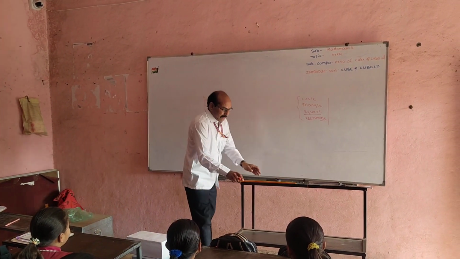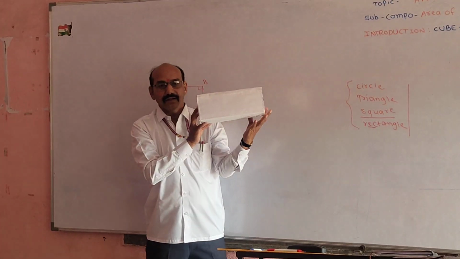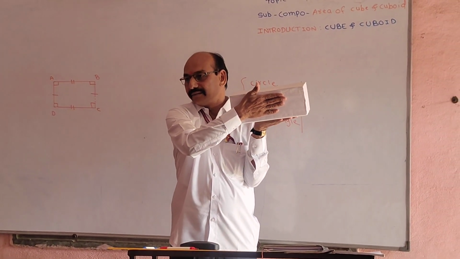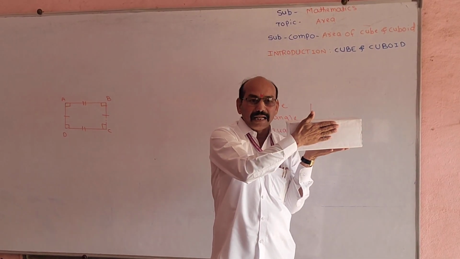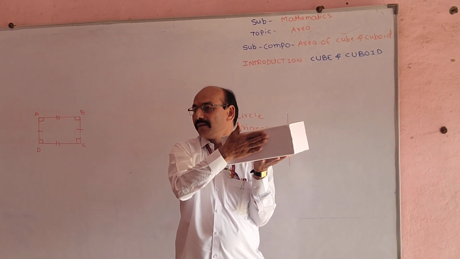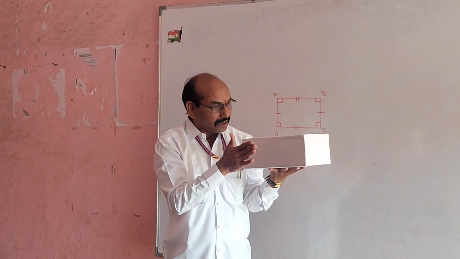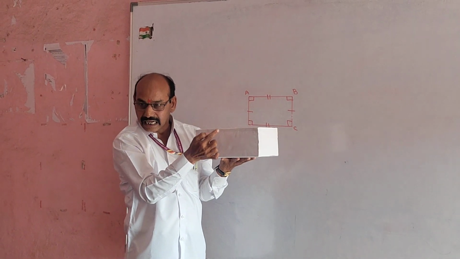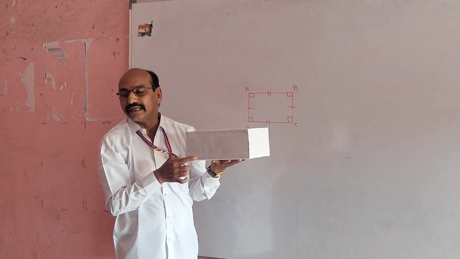Now observe this box. Only observe the front plane. This is called a plane or face. Now observe this face. The opposite sides are congruent and each angle is 90 degrees.